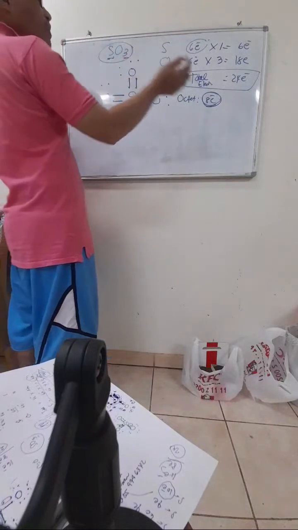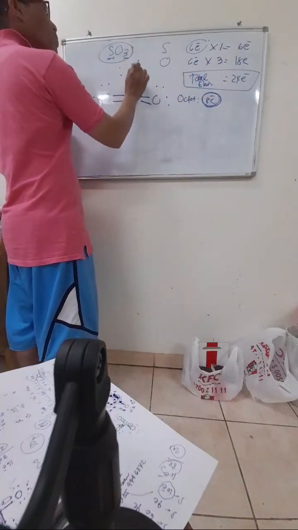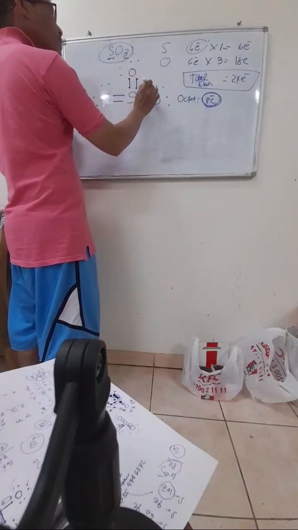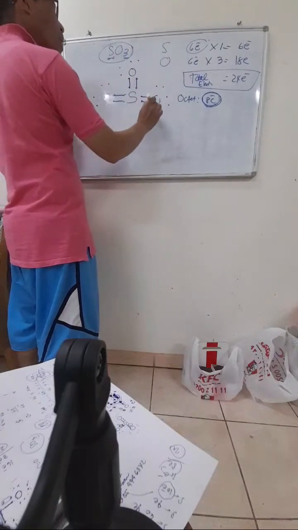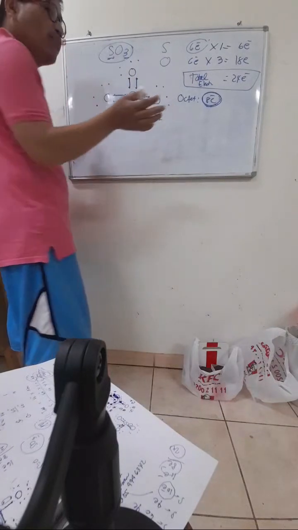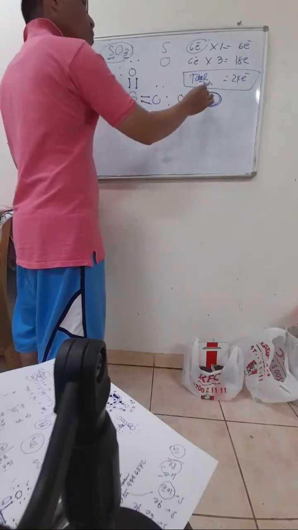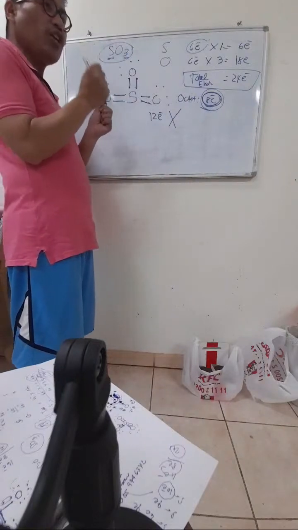So count the electrons: 1, 2, 3, 4, 5, 6, 7, 8, 9, 10, 11, 12. Take note, 12 electrons were shared between the sulfur and oxygen, and this is wrong because under the octet rule, a maximum of only 8 electrons can be shared by both.